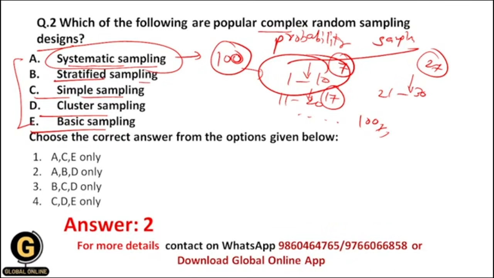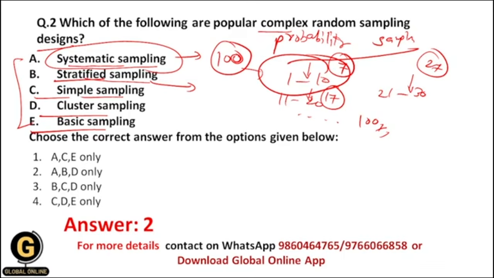Next is stratified sampling. Now stratified sampling is done when there is a heterogeneous population, whenever the population includes lots of characteristics of people, I mean to say different characteristics. So for example, here I have a heterogeneous population.